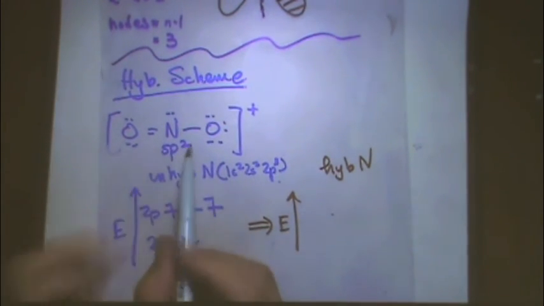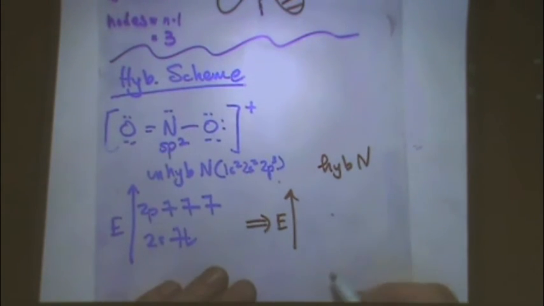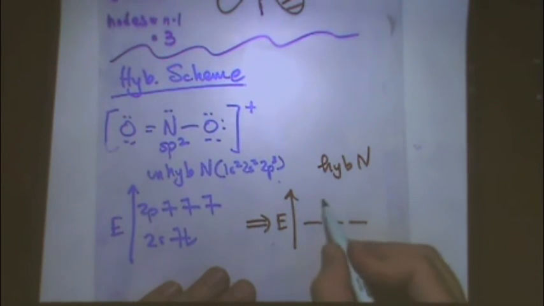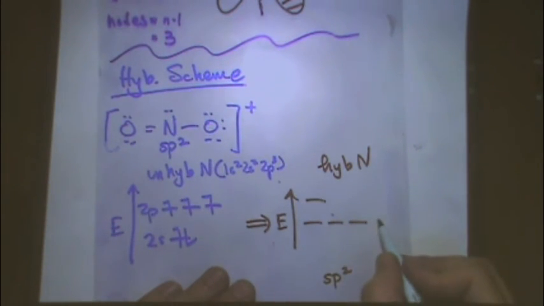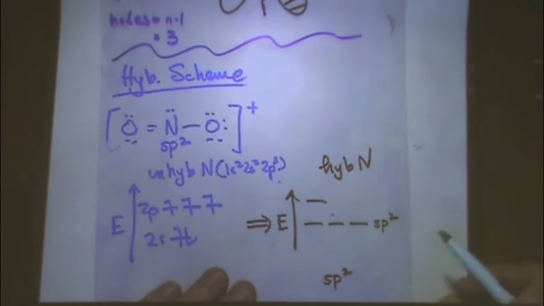From here, from the molecule, you know it's sp2. So you're going to draw this sp2 hybridization scheme. So you draw your normal sp2 hybridization scheme, which is this. 3 lines for 3 sp2 hybridized orbitals, and 1 2p unhybridized orbital.